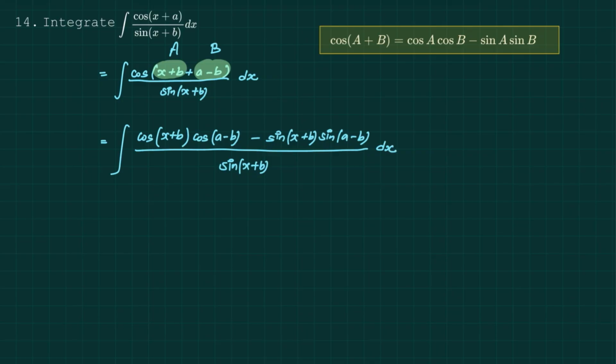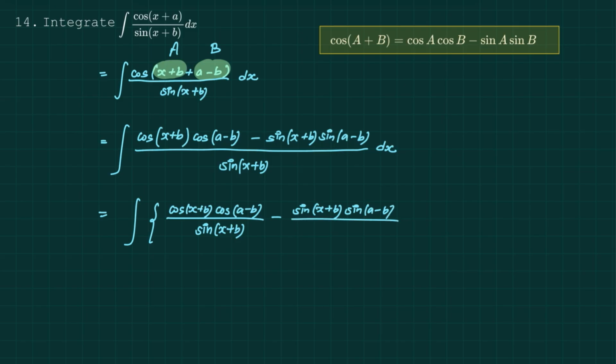Here one thing we have to note, that this small letter a and b are constants. The variable is x. So now let us separate the denominator, then we will have integration of cos x plus b cos a minus b divided by sin x plus b, minus sin x plus b into sin a minus b, whole divided by sin x plus b, dx.